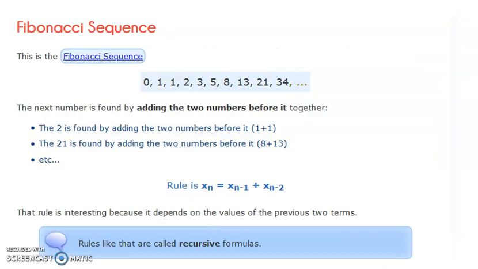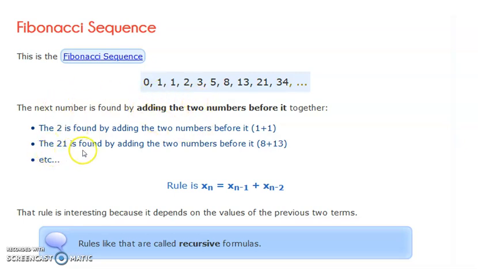Then it is the Fibonacci sequence. In the Fibonacci sequence, the next number is found by adding the two numbers before it together. The 2 is found by adding the two numbers before it, that is 1 plus 1.